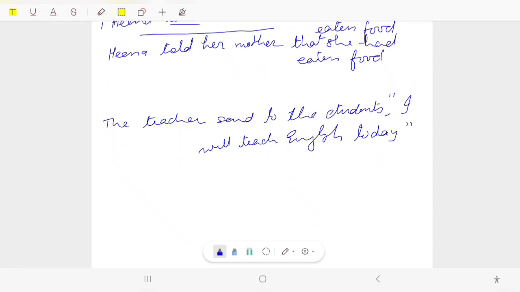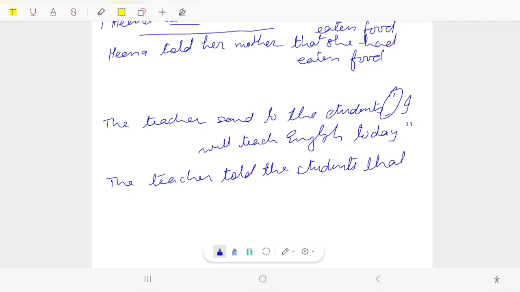Let's have a look at this example. The teacher told the students, inverted commas and comma both removed and at that place, that. The subject is the teacher, third person, so for that we use the pronoun he or she.